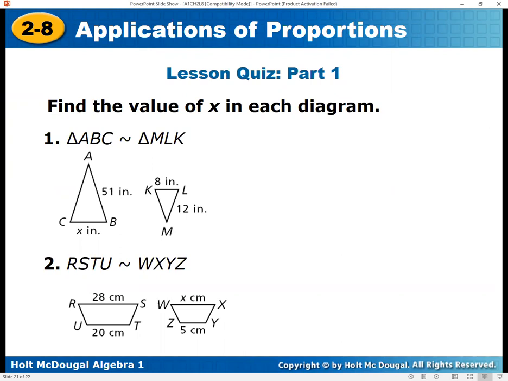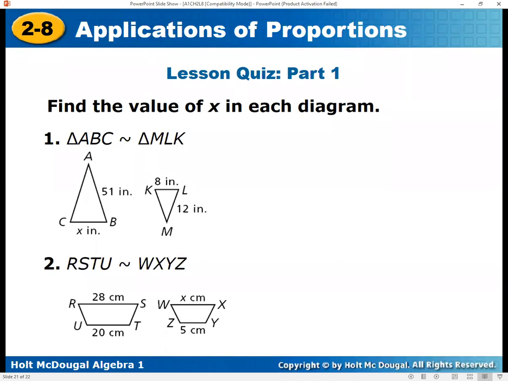KL. Yes. If you want to write step by step, you have to write AB over ML, BC over LK, AC over MK. You have to imagine that the first triangle is upside down, it's not in the same direction.